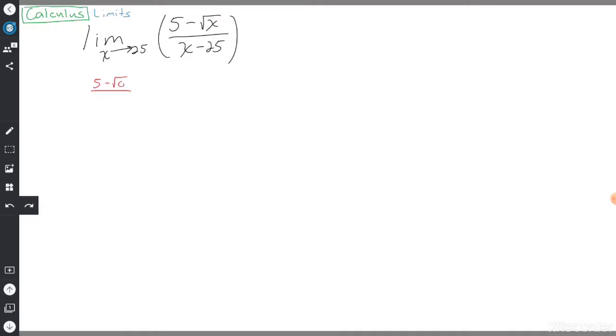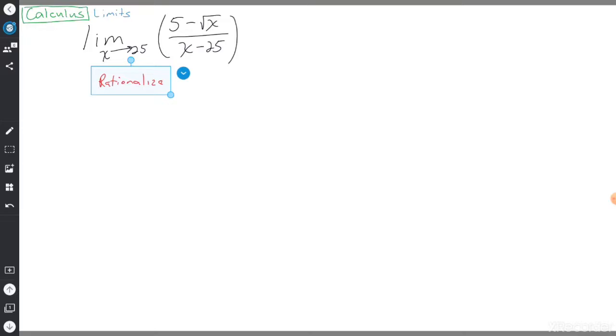instead of substituting right away, is rationalize that numerator. We have 5 minus the square root of x.